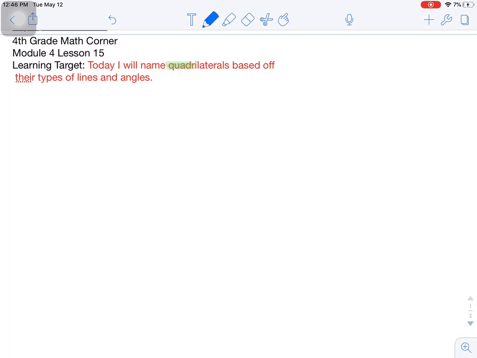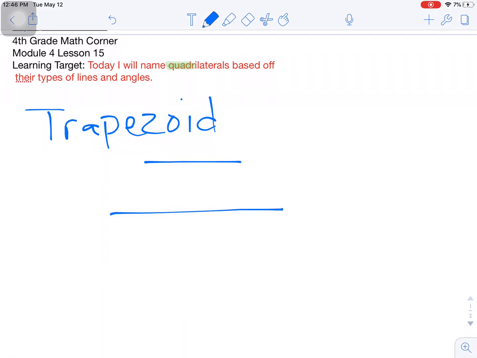So the first type of shape we're going to talk about is a trapezoid. A trapezoid is a special type of quadrilateral because it has four sides, but the sides are a little different.